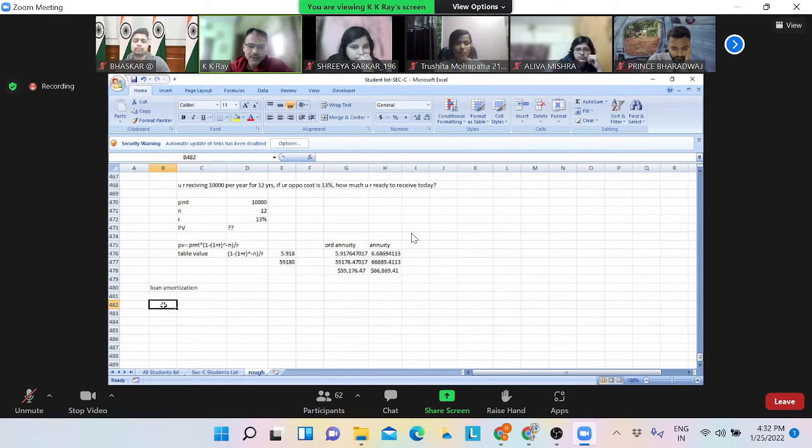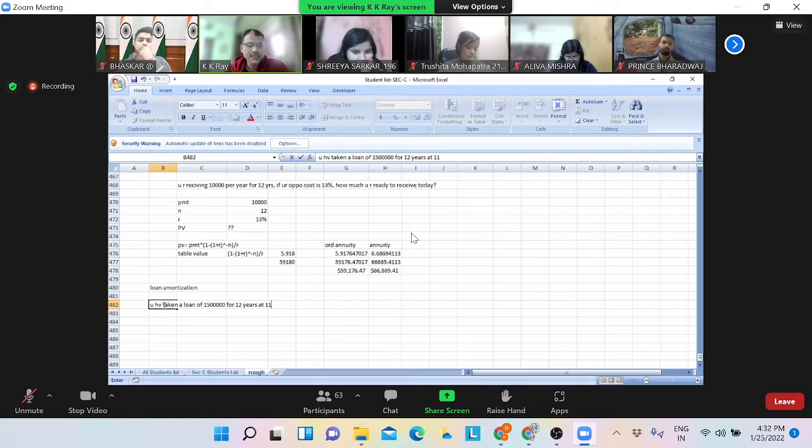Suppose some of you have taken a housing loan or personal loan. Generally, the bankers give you a schedule, a loan amortization schedule. So let's see how that loan amortization schedule is prepared and how that EMI is calculated. Suppose you have taken a loan of 15 lakhs for 12 years at an 11% interest rate.